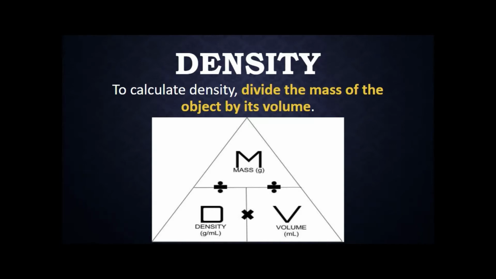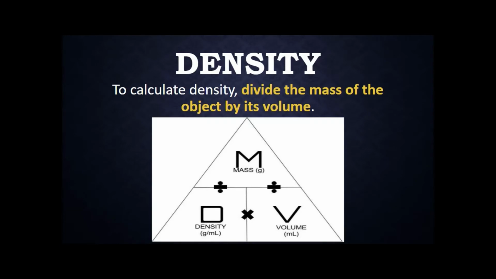In much the same way, we can use the magic triangle to determine the formulas for volume and mass. Cover up the lower right corner, which has volume in it, and you'll see that the formula to find volume is mass divided by density.